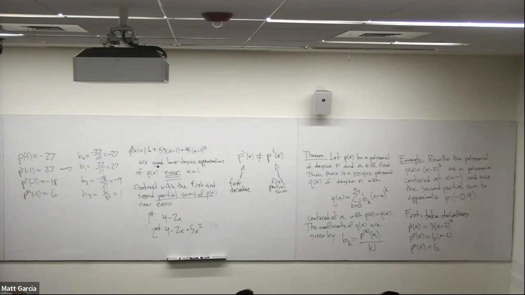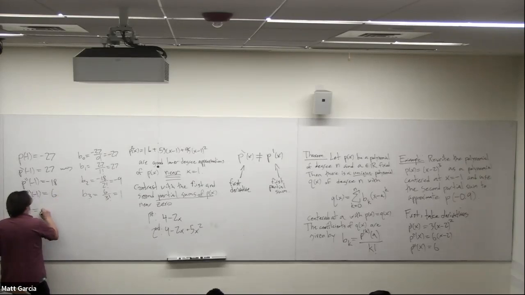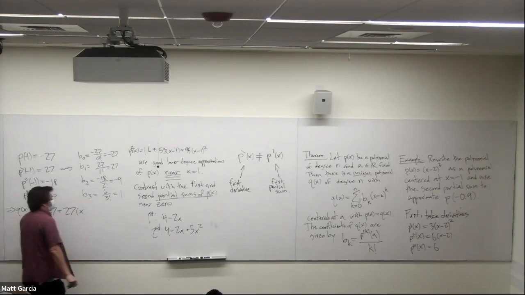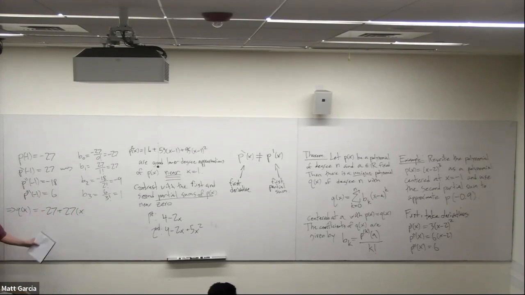Okay, so let us write down this expression q of x. So q of x is equal to the zero term, -27, plus 27 times x. My center is -1, so what do I write here? x plus 1, good.